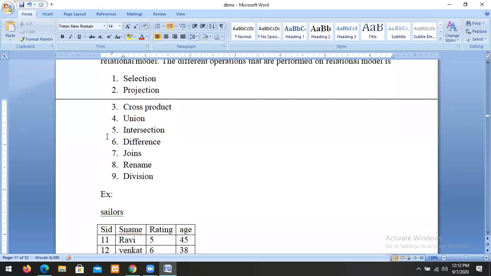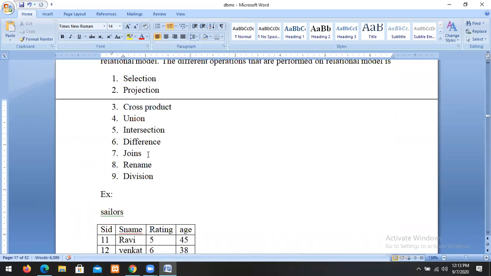Then we will go for joins. What is a join? Joins are used to retrieve the data from one or more tables. There is also the self join. In a self join, a relation joins itself. That's what we call a self join.